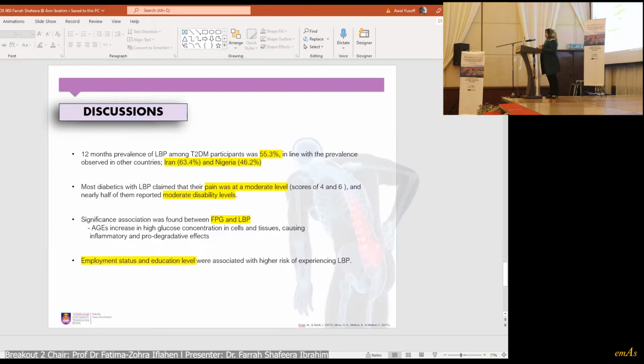Finally, the second and third factors significantly associated with a higher risk of experiencing low back pain are employment status and education level. These might reflect the way of working, their posture, and their sitting during the daytime.